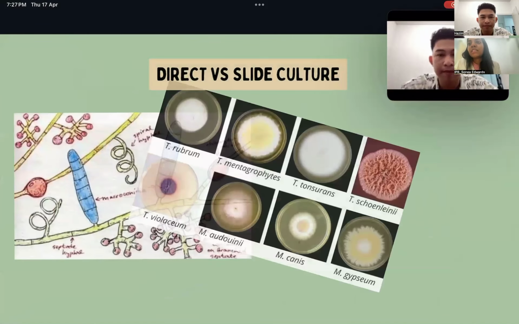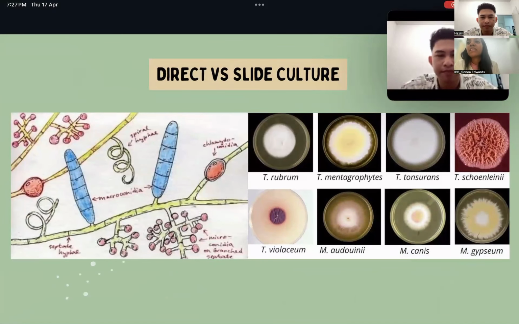And then what's the difference between direct and slide culture? Like I spoke about earlier, from the direct, most of the fungal cultures, especially Trichophyton equinum, possess the same type of morphology. So most of them might have the spiral hyphae, they might have the septate hyphae. So it might be a bit difficult to differentiate between what type of species they are. But if you do the slide culture, as you can see here, each slide of the different species possesses a different type of culture.